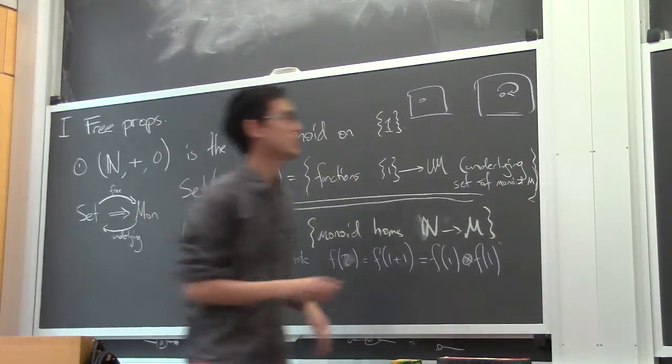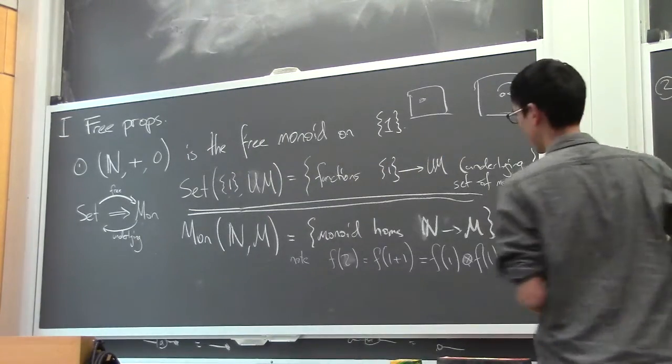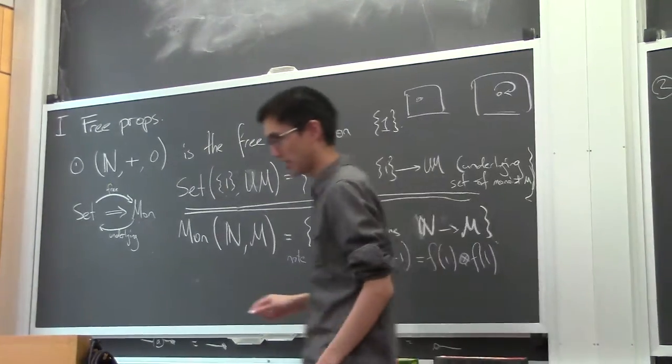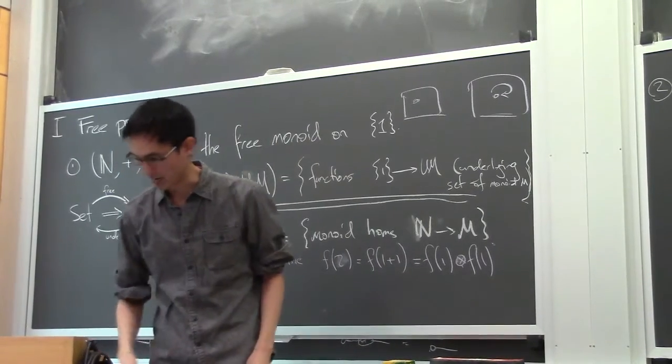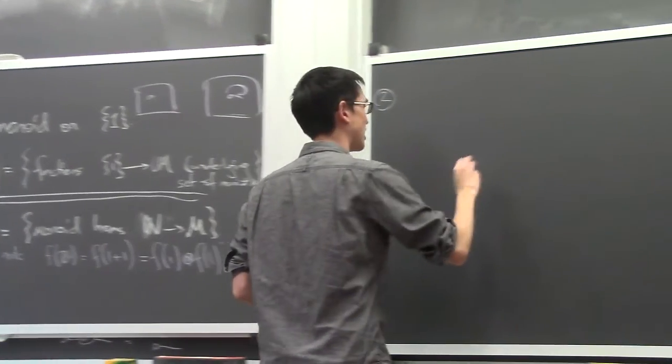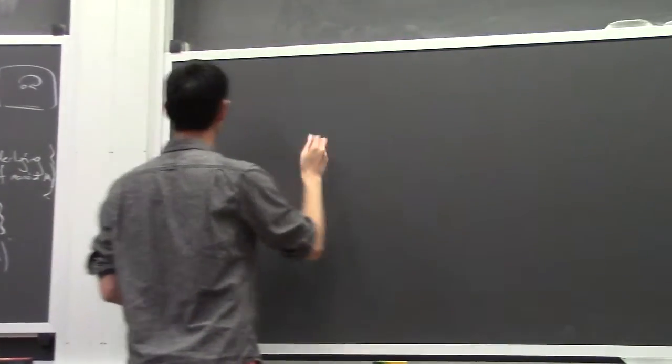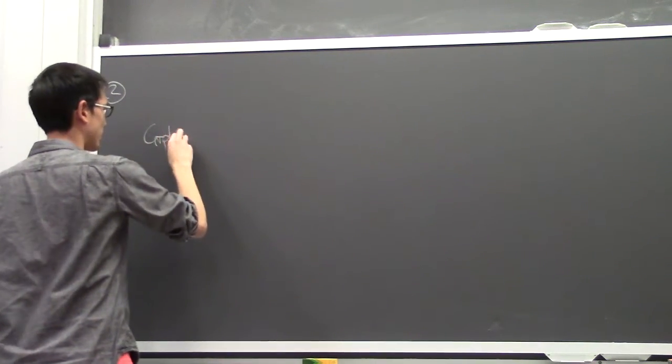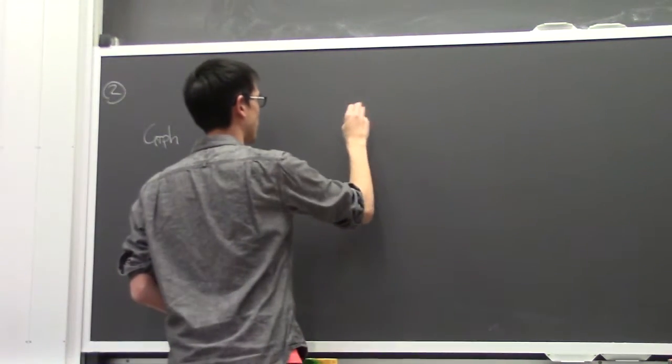Okay, so another example of a free structure, which gives an example of an adjunction, is the notion of a free category. So similarly, here we have a category of directed graphs.